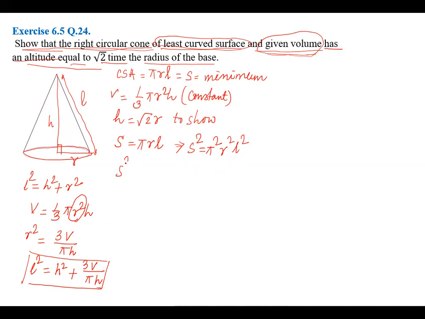So s square is equal to pi square, instead of r square I'll put 3v by pi h, and in place of L square I'll put h square plus 3v by pi h.